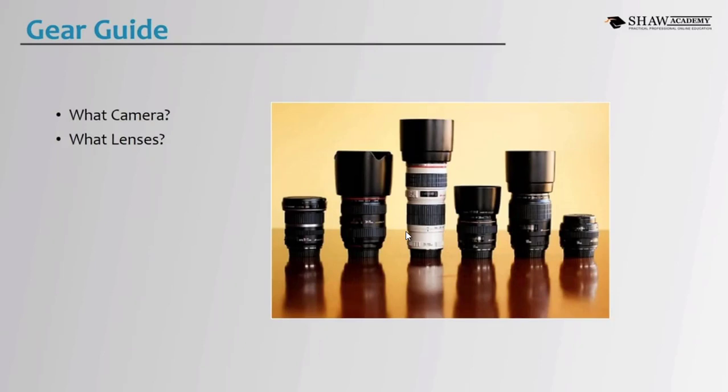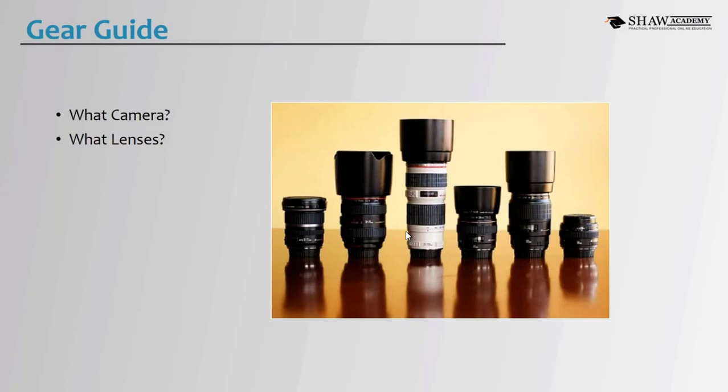This will give you a wide angle at 24mm, but then you can zoom into 70mm, which is quite a decent zoom capacity. With a lens like that, you can capture a wide angle shot of the wedding venue, but then you can also zoom in and get a beautiful close-up portrait of the bride or of the groom without changing your lens.